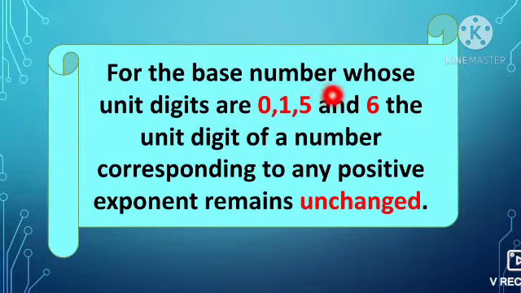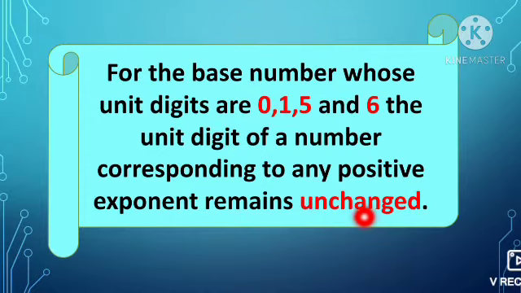For the base numbers whose unit digits are 0, 1, 5 and 6, the unit digit of a number corresponding to any positive exponent remains unchanged.